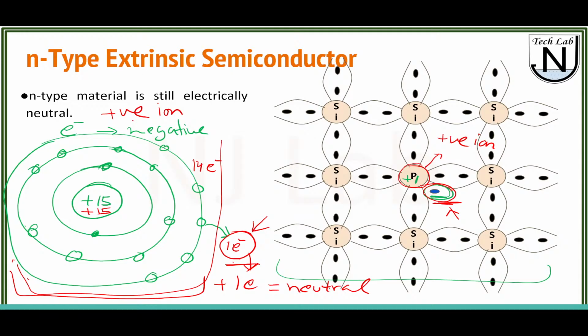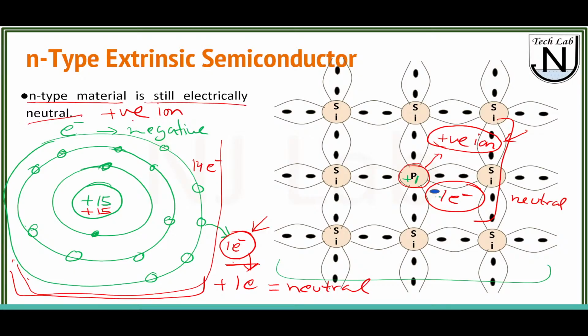But if we look at the complete material, it consists of this positive ion plus this electron, right? The combination of this electron and this positive ion together makes the material neutral. So that is the reason n-type material is still electrically neutral.